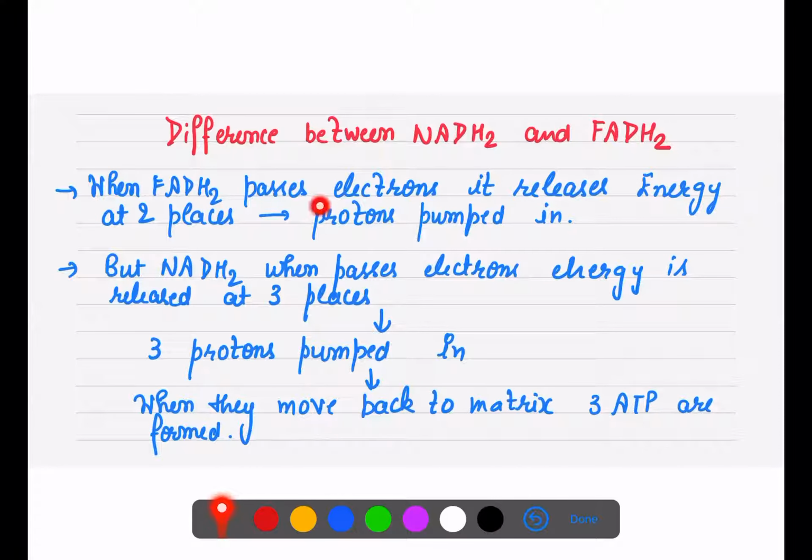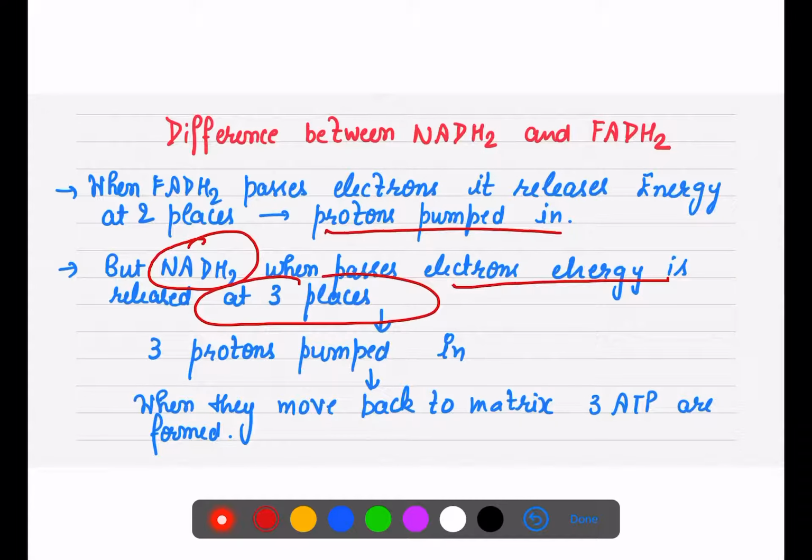So when FADH2 passes the electron, it releases the energy at two places, and when it releases the energy, protons are pumped in, and when NADH2 passes the electrons, energy is released at three places and three protons are pumped in.